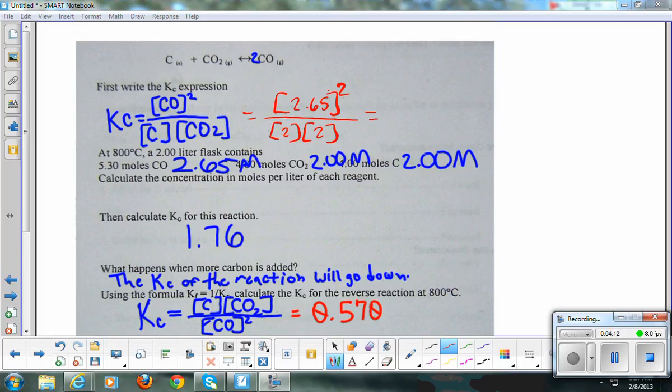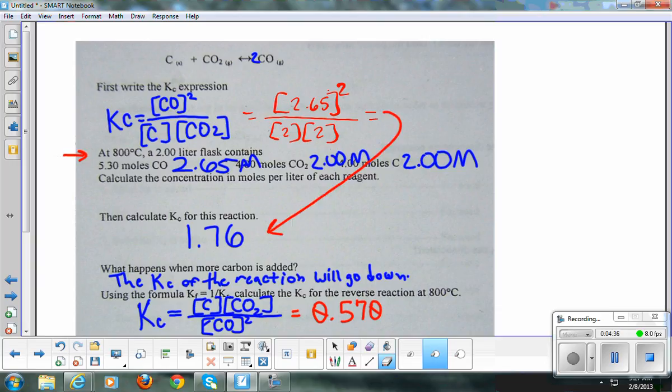So when you have brackets, make sure you're in molarity. And that's what we did here. We just took your moles divided by the 2 liters, your moles divided by 2 liters, moles divided by 2 liters. And you got these concentrations, which is capital M, which means moles per liter. Okay? And then to calculate the Kc, that's what we got from right here.